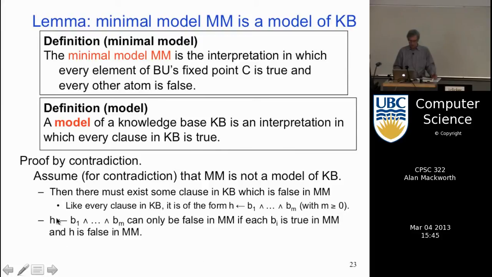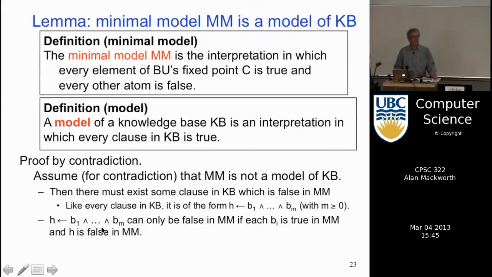Okay? This clause, which we say there must be such a clause if this false hypothesis is true, how could that be false? It could only be false in the minimum model if each BI is true in the minimum model and H is false.